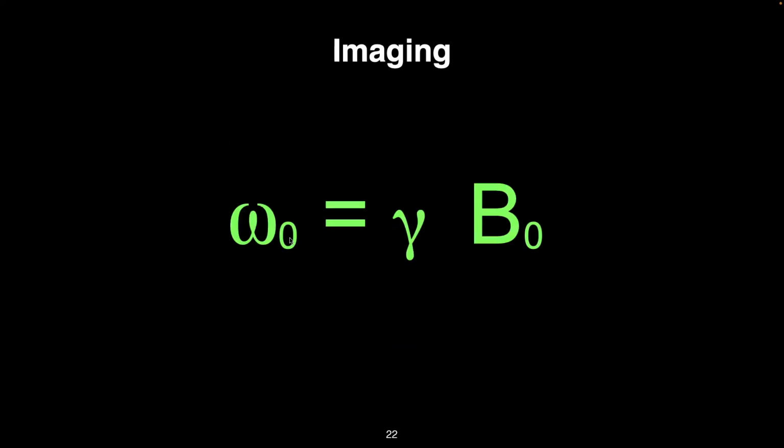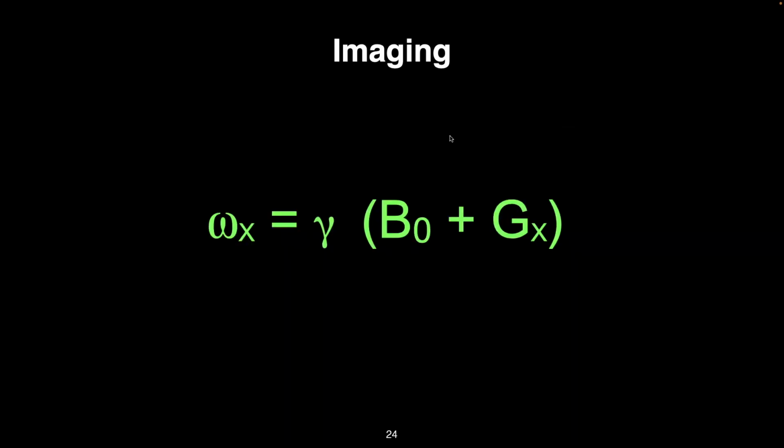So again, if we go back to our basic equation, whatever our resonant frequency is depends on the field that we're seeing. For imaging, we make that spatially variant so that now the frequency that you're precessing at is a function of your position. We like to formulate it this way because here it's clear that you have this main field, and then you have this gradient attached onto it that's giving you this spatial variation.